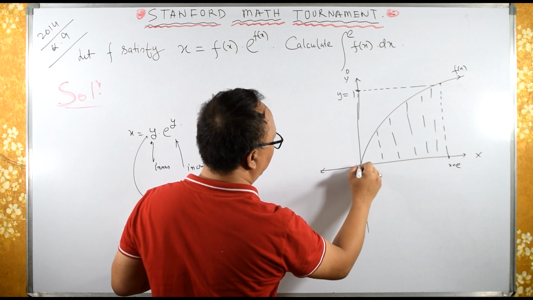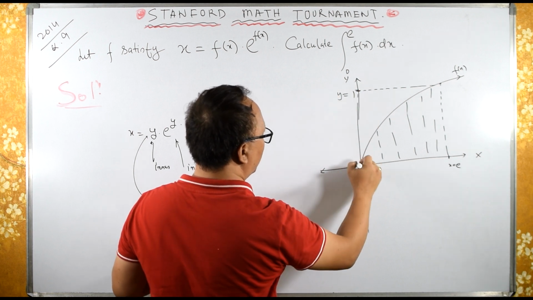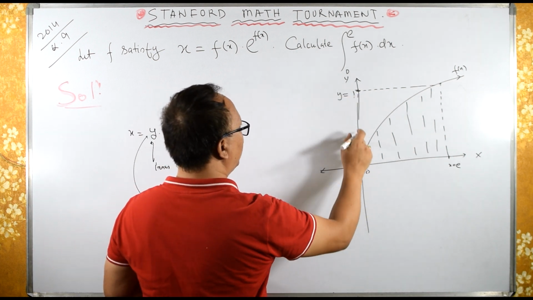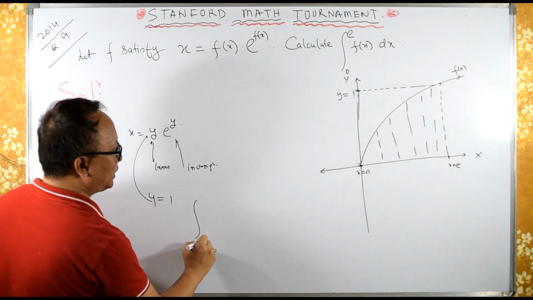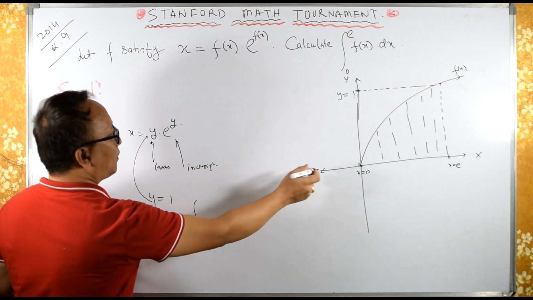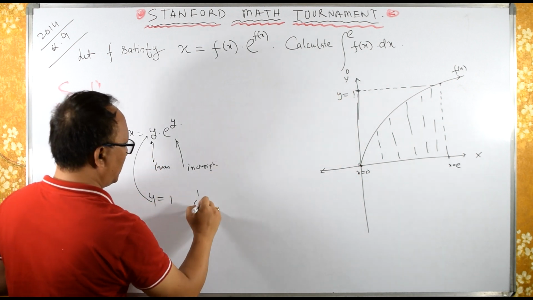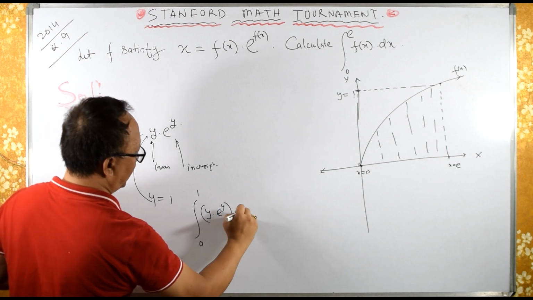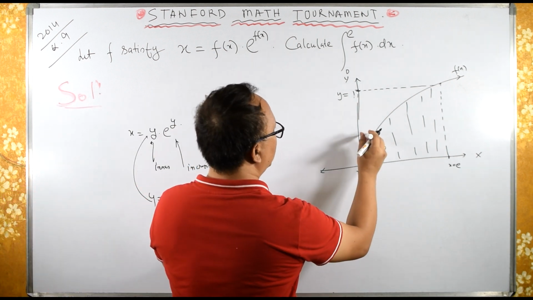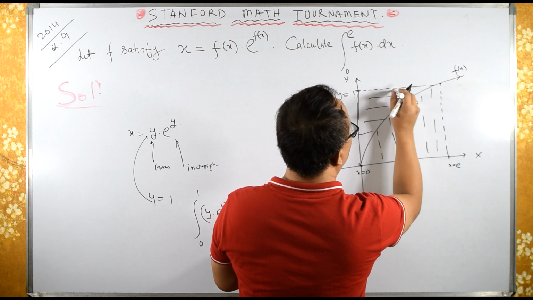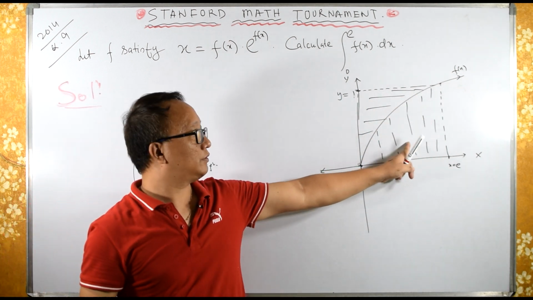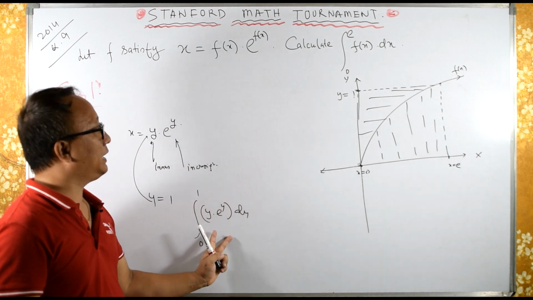Now the integral is from here to here, from y equals 0 to 1, of y into e raised to y dy. This is this area. Now our aim is to find the area of this, but this gives the area of this.